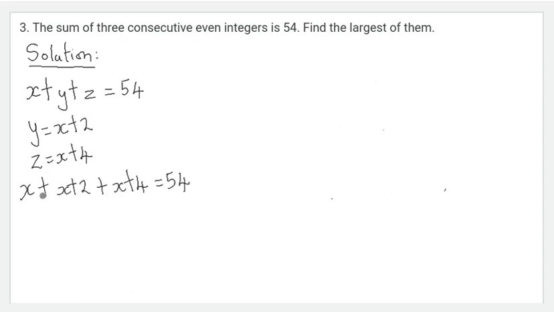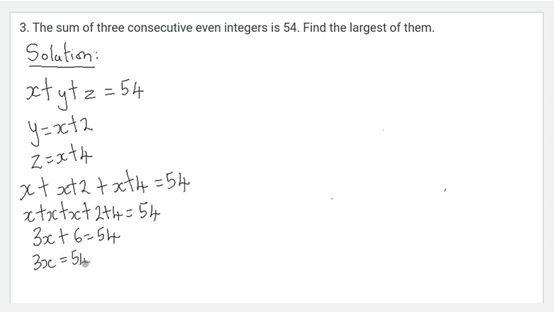This is x plus x plus x plus 2 plus 4 is equal to 54. Now you can add your sums: 3x plus 6 is equal to 54. And then 3x will be equal to 54 minus 6. That will be 48. 3x is equal to 48.